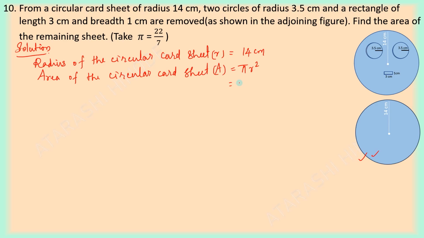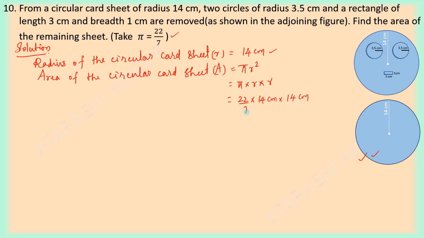That is equal to pi into r into r. Pi is 22 by 7. So we can substitute the values, that is 22 by 7 into r, which is 14 centimeter, into 14 centimeter.